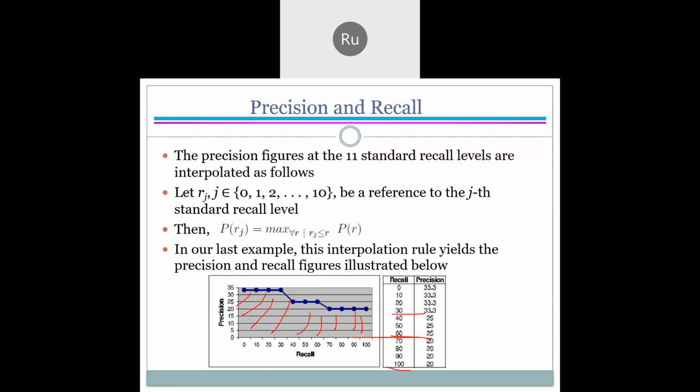Okay, so what we have at the moment is query 1 and query 2. To summarize the performance of the IR system based on query 1 and query 2, we can look at individual recall levels and then take the average between Q1 and Q2.